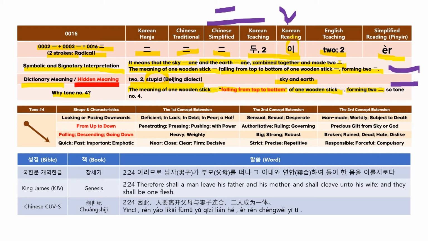A wooden stick fell down from up to bottom to the other stick. So from up to down, fell. Okay, so with these conceptual values, we can remember this character has the tone number 4 value.